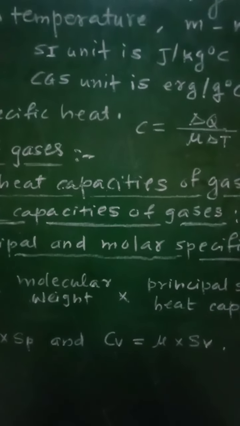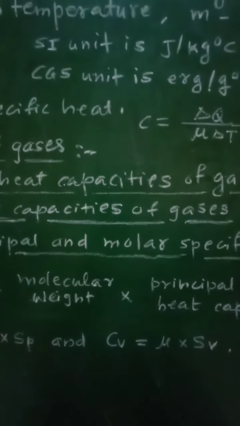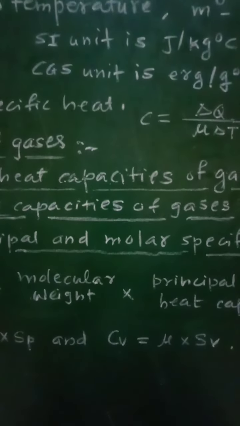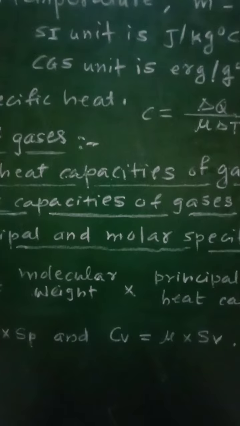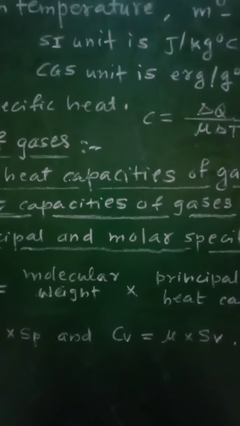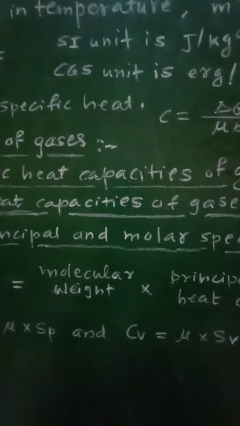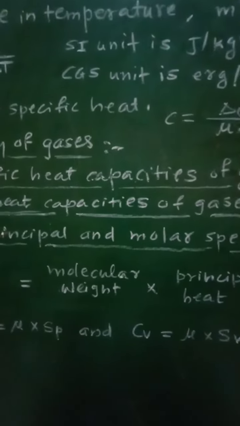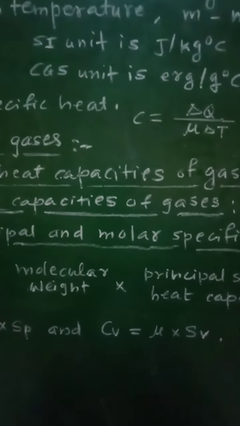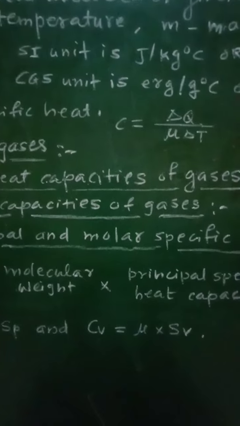Therefore molar specific heat capacity of a gas at constant volume, that is Cv, is defined as the quantity of heat absorbed or released for the rise or fall of temperature of 1 mole of gas through 1 degree Celsius or 1 Kelvin when its volume is kept constant.